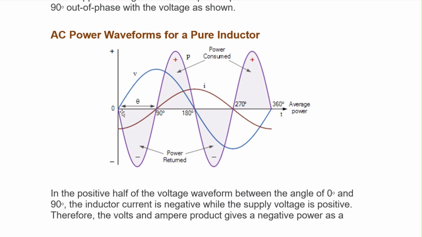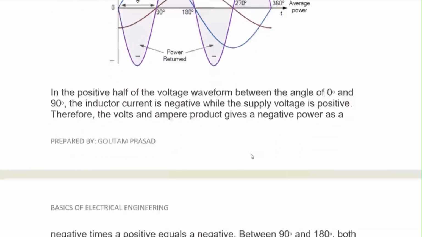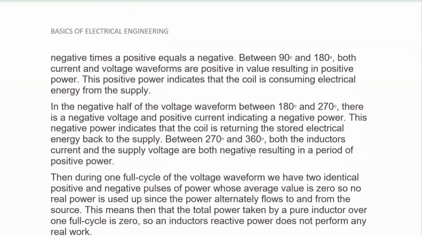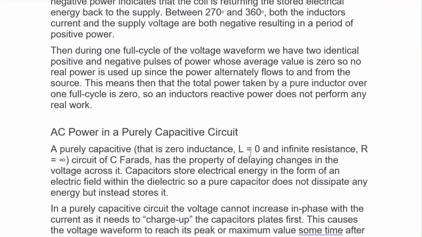Also important is that in this half cycle, your power is completing one full cycle. So for one full cycle of the voltage, this power is completing two cycles. We had a discussion on this in the earlier video. I hope you are able to understand that.